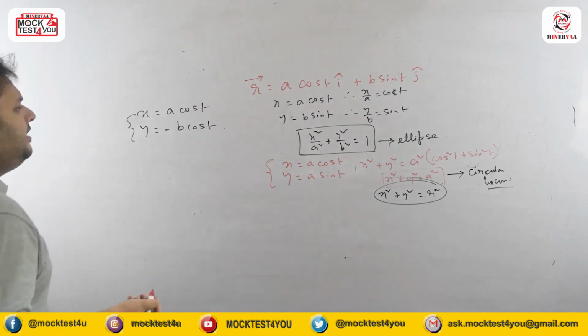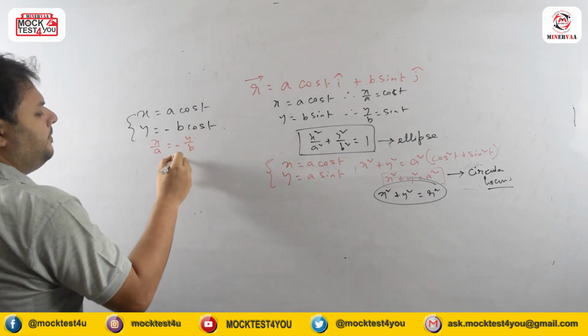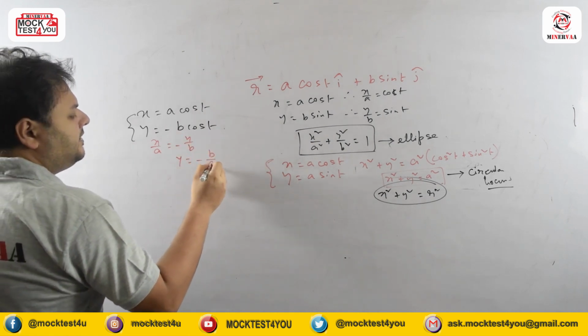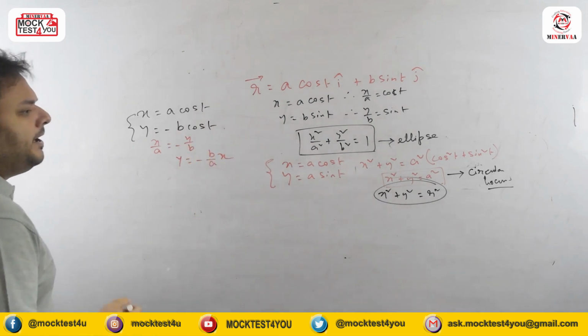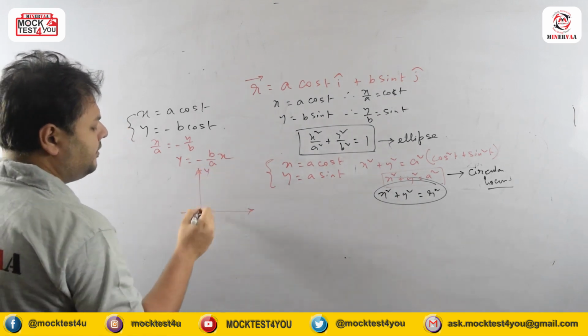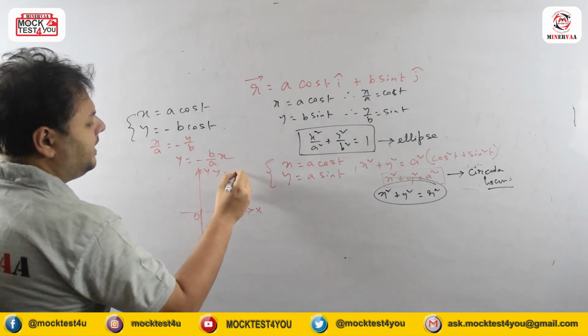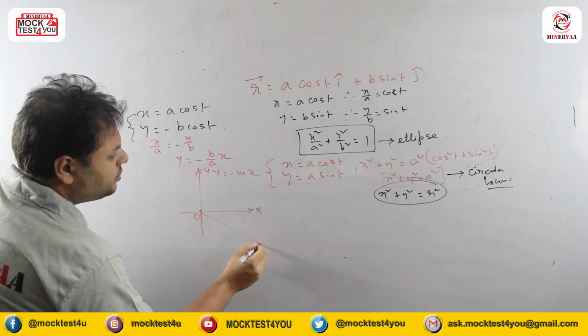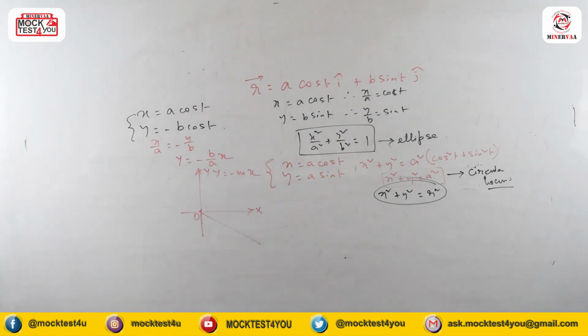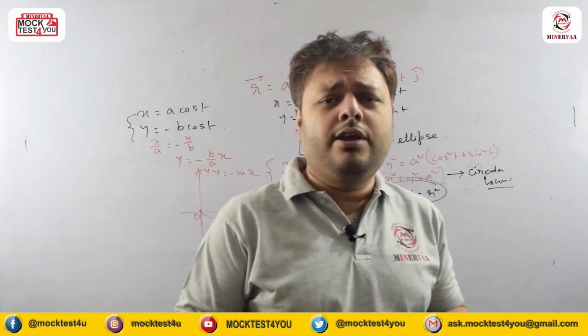So how can we identify them? Here x by a equals minus y by b, so definitely y equals minus b by a into x. So if we draw a graph of x and y with respect to the origin, it's definitely a y equals minus mx graph. So it has to fall down, so it will be definitely a straight line. So these are the things we are organizing.